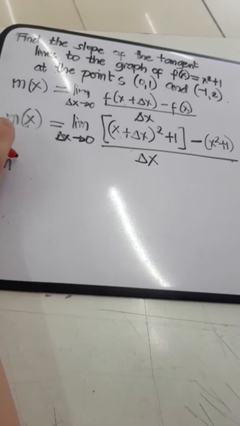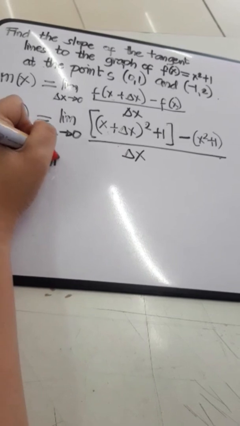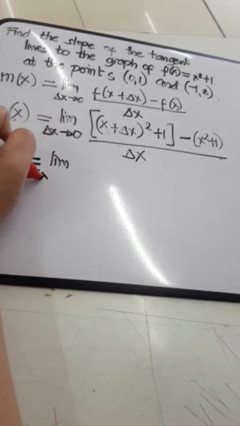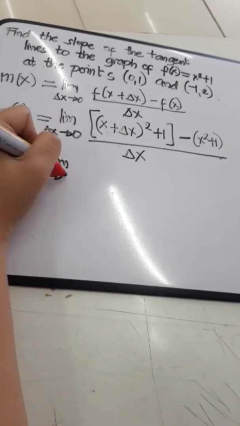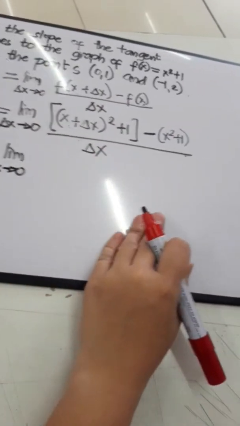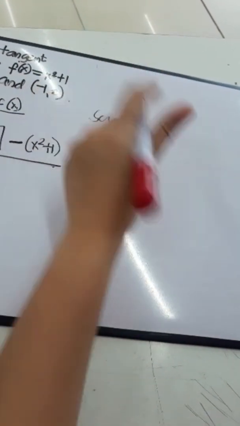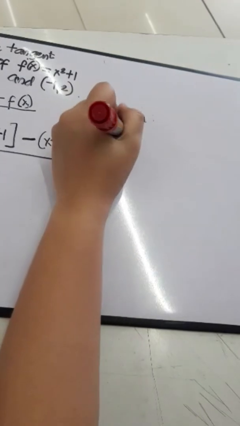Okay? So, the slope of x is equal to the limit as delta x approaches to 0. Ato na lang ni siyang i-simplify. So, agi sa ta diri, scratch. Importante yung sketch paper class, no?